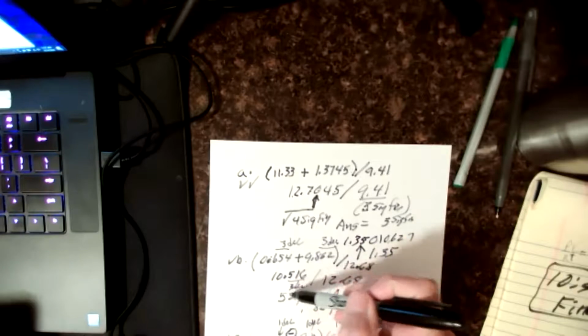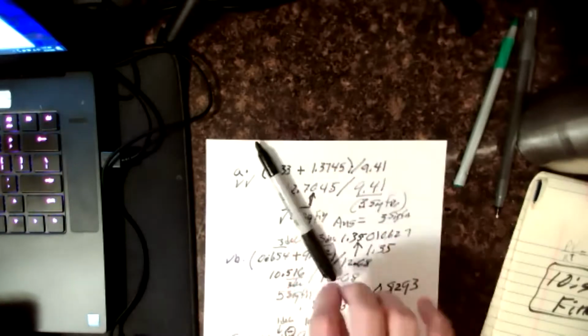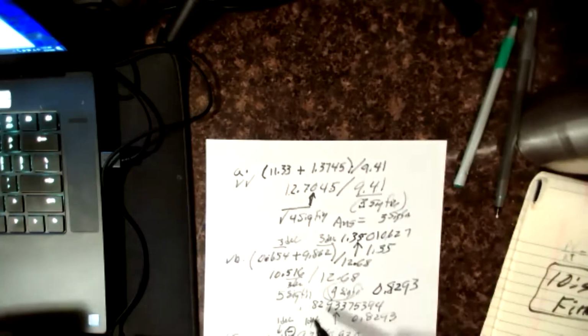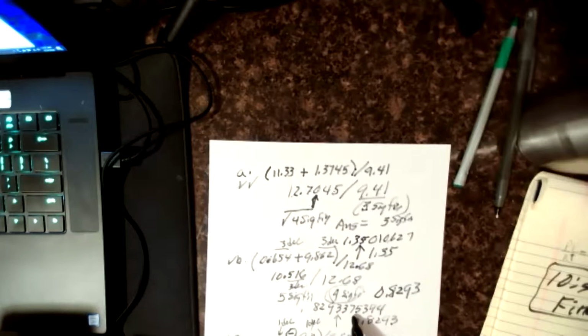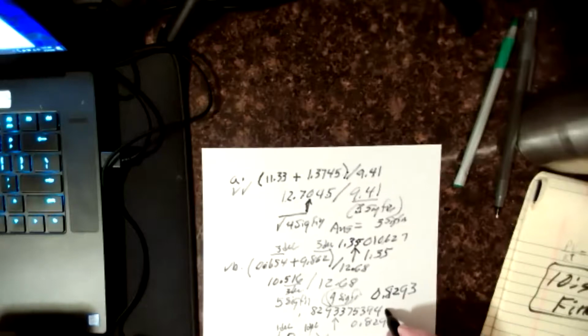So that's 5 significant figures, 1, 2, 3, 4, 5. So I'm going to take that and I'm dividing it by 12.68. And what I get is 0.8293375394. That is what I got.